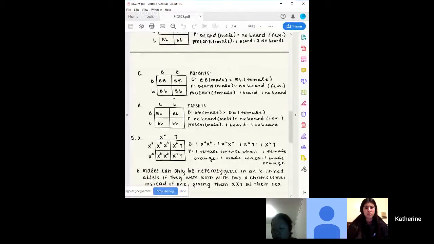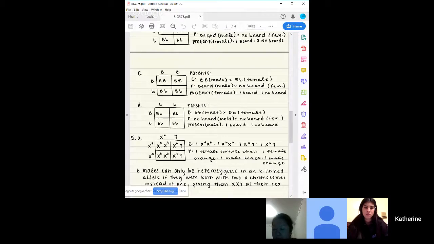I guess here's D. That was kind of the same thing for me. I was like, okay, I know that I'm looking at male offspring and that the male parent didn't have a beard, so he had to be homozygous recessive. Yeah, so you can just put a little b in every single box, and then you figure out what you need from there.